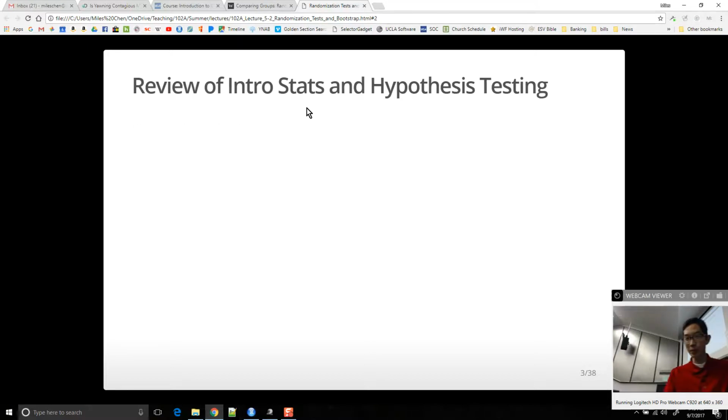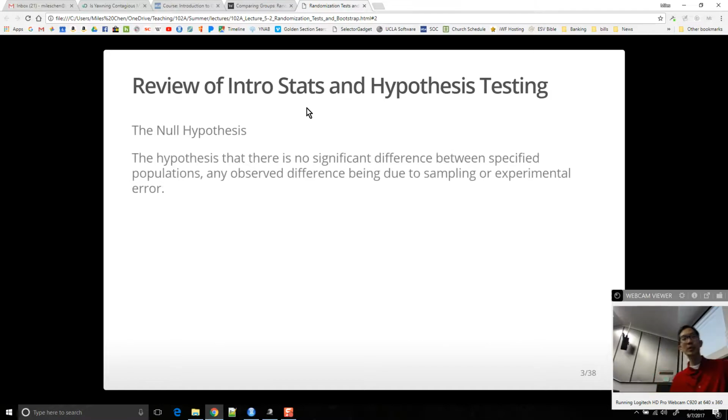With a hypothesis test, we always start off with the null hypothesis, which is generally the status quo, or if we're comparing groups, we might say that there's no significant difference between the specified populations, and any difference we observe is due to sampling error.